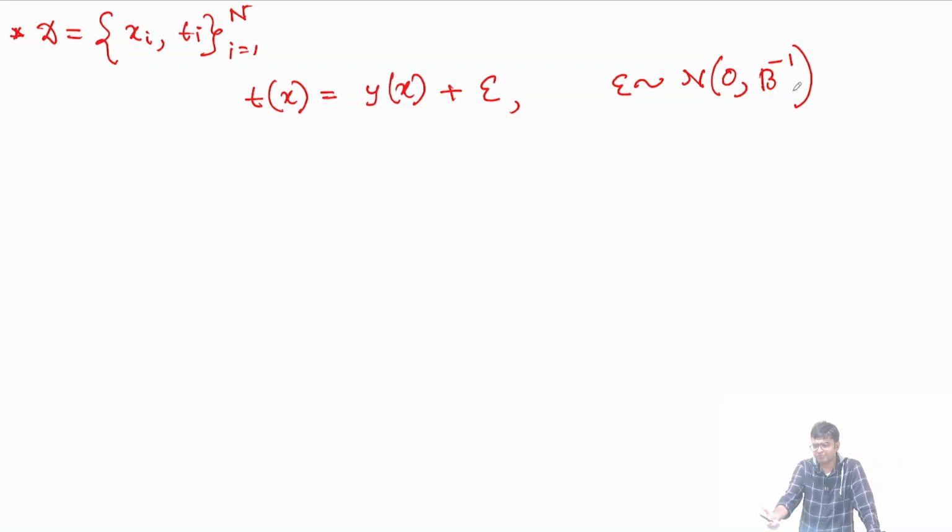It will not always be precision; in Student's t, precision has some other meaning, but in Gaussian distribution 1 by variance is known as the precision. So beta is your precision. I am introducing beta because you should be aware that both of these are equivalent.